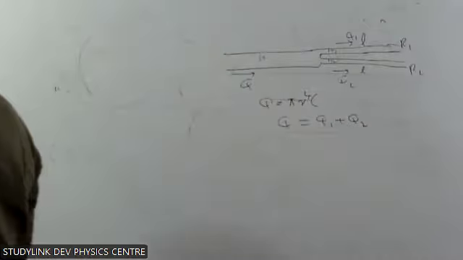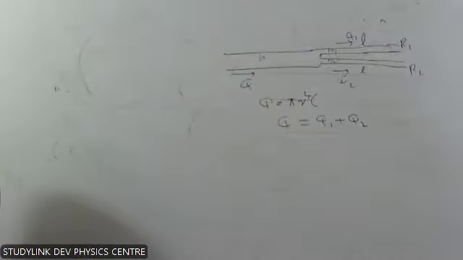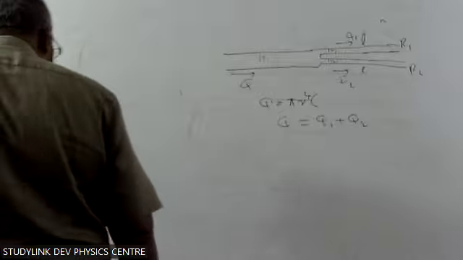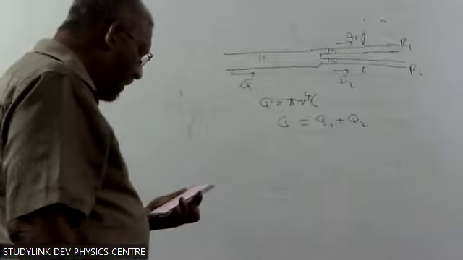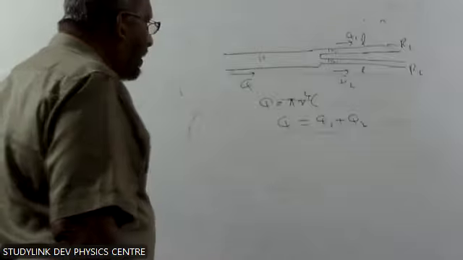Then capital Q you have to consider. They are saying the delta P values are the same, the pressure difference across the tubes is equal.